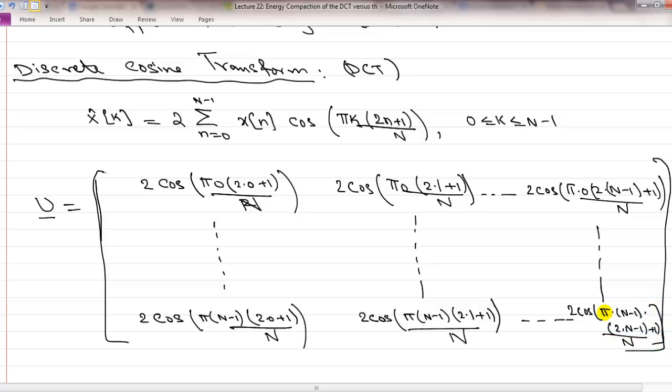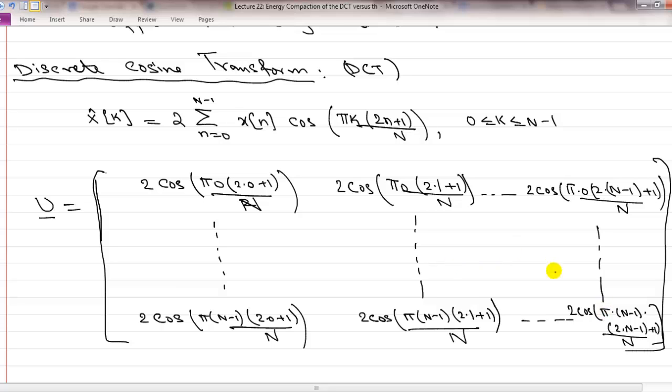So you can write down and you can verify, you can multiply the columns of this matrix and you will find out that they are orthogonal. But this U, orthogonality of this U is not in the form that we had discussed. It's a little subtle. You can't simply write it as U Hermitian U equal to alpha identity.